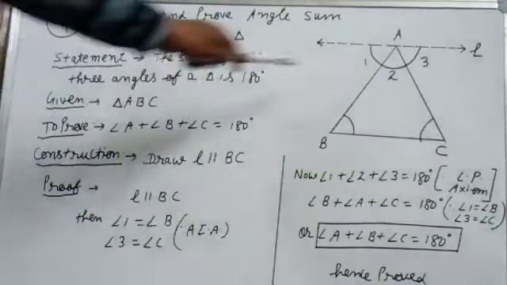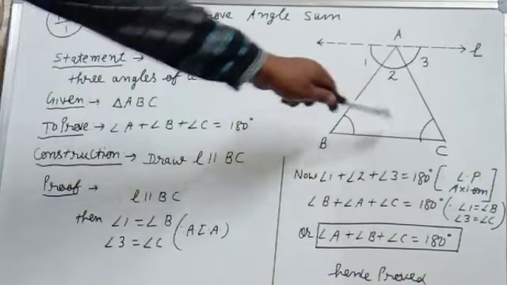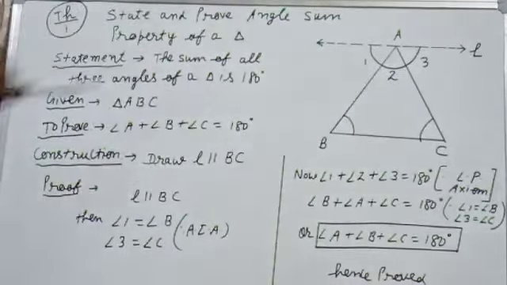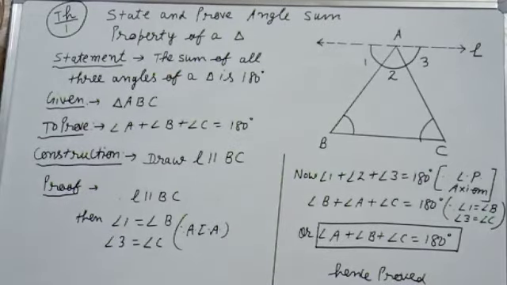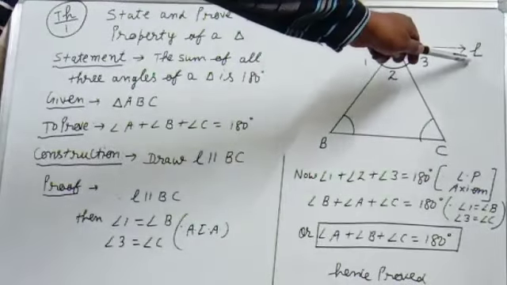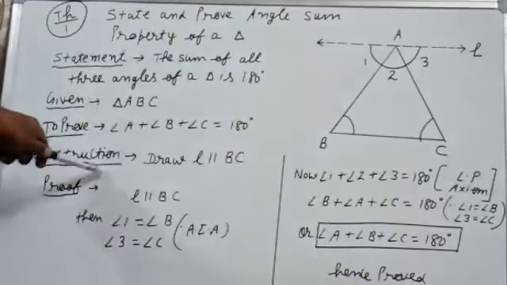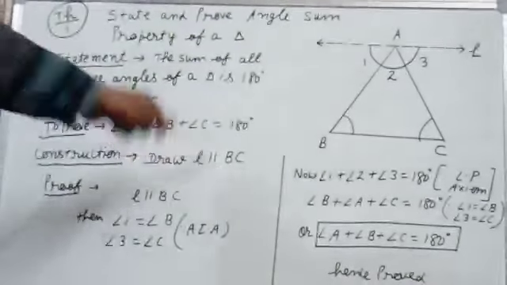Then we want to prove angle A plus angle B plus angle C equal to 180. Meaning what do we have to prove about the sum of all three? 180. Very easy and very small theorem. So this dotted line is actually the construction. We have to draw a line. Let the name of this line be L, and it should be parallel to BC. So what is the construction? Draw L parallel to BC.